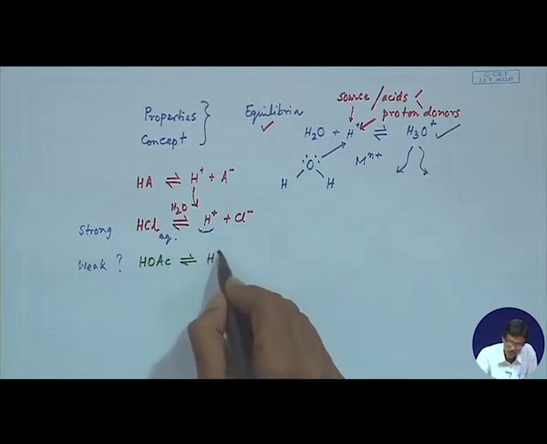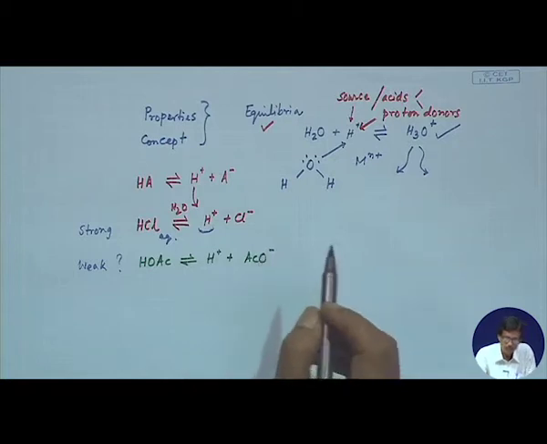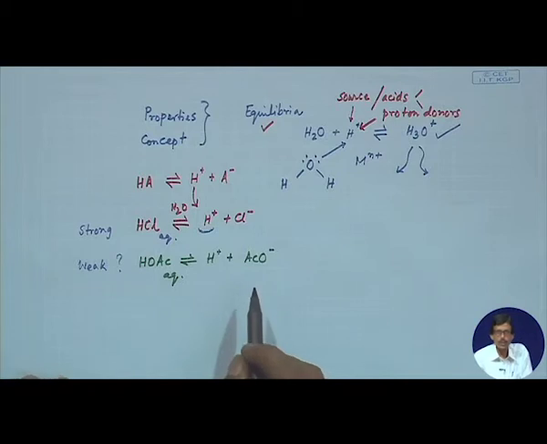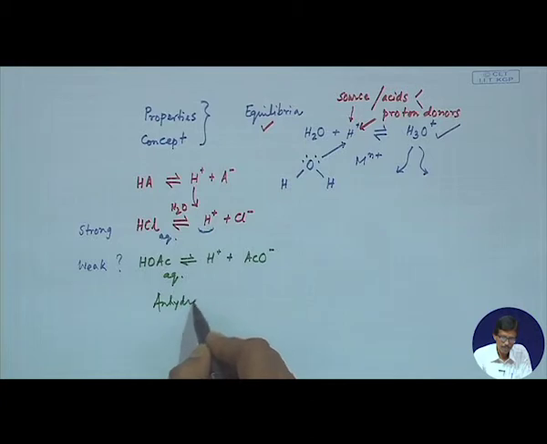So, we will get very little H plus from this medium. But remember, in all these cases we are talking about aqueous acetic acid. Now, for this type of leveling effect, we are trying to think of anhydrous conditions.